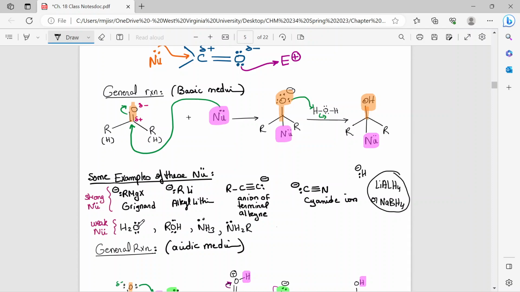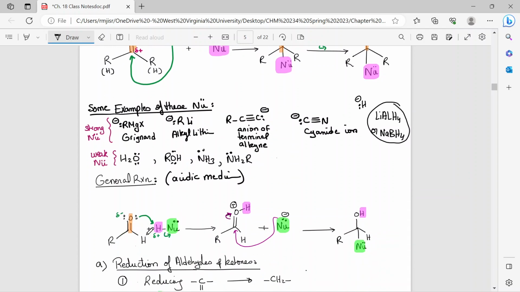On the other hand, water is neutral. Alcohol is neutral. So we cannot add those to the carbonyl without adding a hydrogen in there. So you would need to have an acid somewhere that starts by protonating the oxygen. Make the oxygen an OH, free the nucleophile, and then the nucleophile is going to come, attack the carbon, form a lone pair on the oxygen, and you're going to get your product.